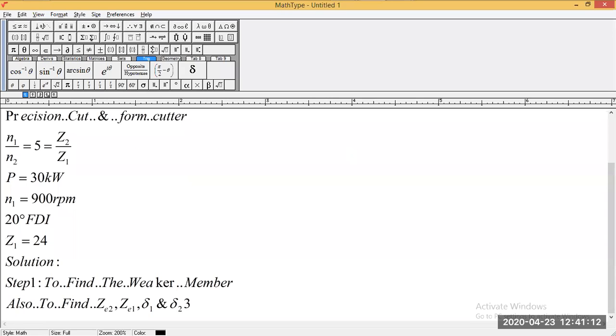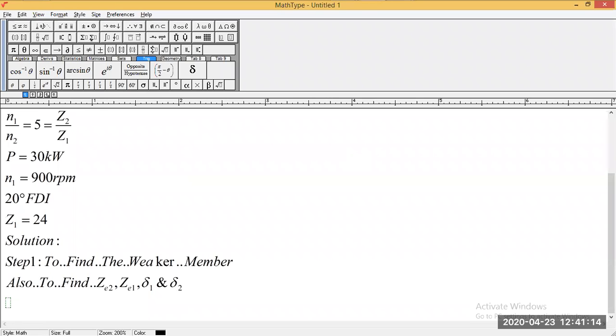So there is sigma D1, written as subscript, is equal to the same value.